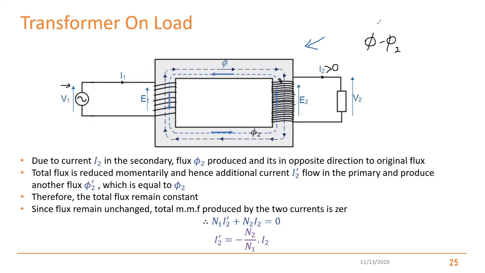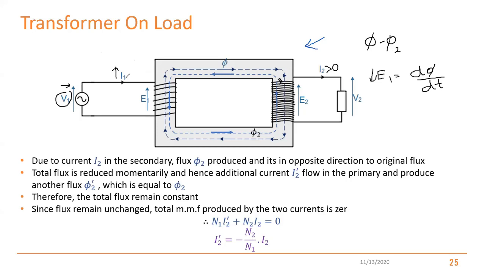If the total flux reduces, the induced voltage in the primary, which is given by the rate of change of flux, also reduces. So the induced EMF in the primary, E1, reduces. Since V1 remains unchanged, the total current increases.